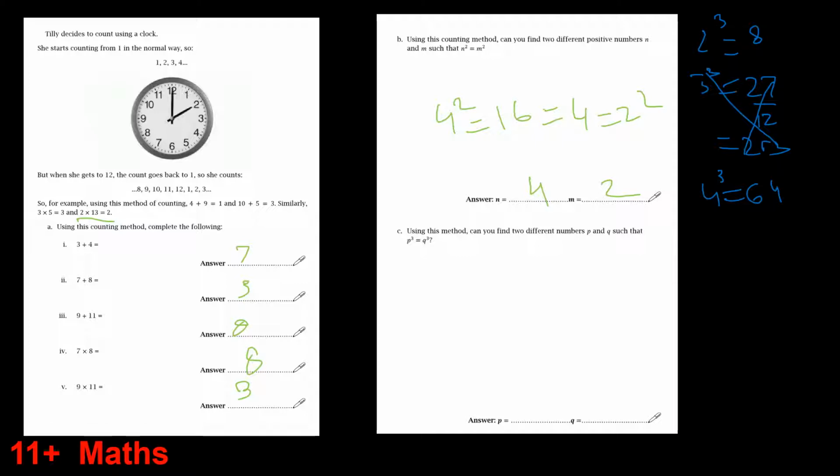Divided by 12, 12 times 5 is 60, and the remainder is 4. No. Then 5 cubed equals 125.